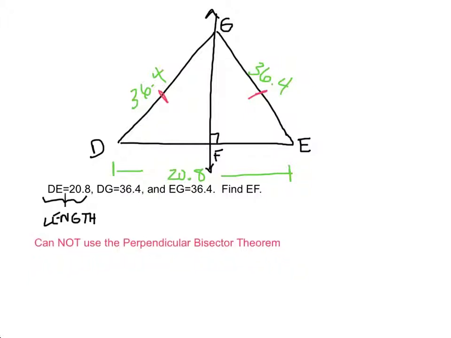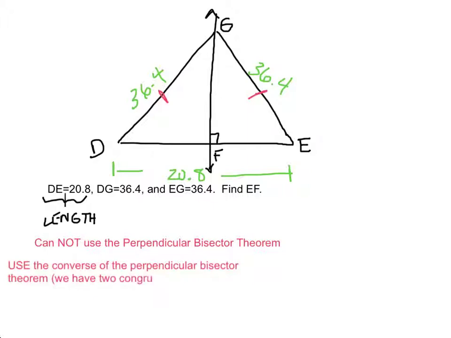We can't use that because we don't know anything about perpendicular bisectors yet. What we do know, though, is that we have two congruent segments. So we're going to use the converse of the perpendicular bisector theorem. And this is because we have two congruent segments.